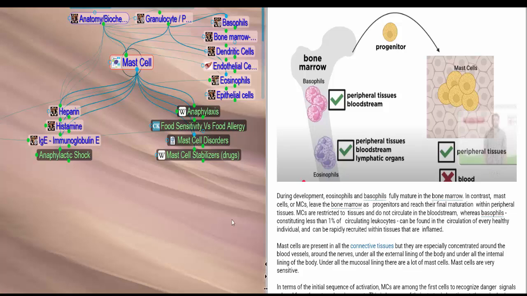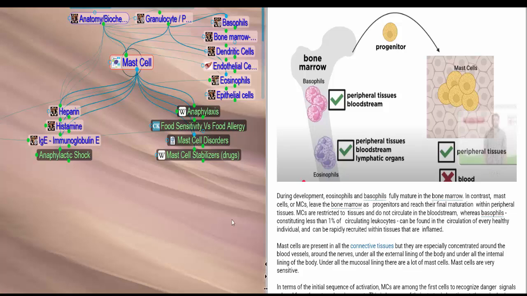In fact, mast cells are restricted to tissues. They don't circulate in our blood. They're present in all of our connective tissues, but concentrated around blood vessels, the nerves, under all the external lining of the body, and under all the internal lining of the body. Under all the mucosal lining, there are a lot of mast cells.